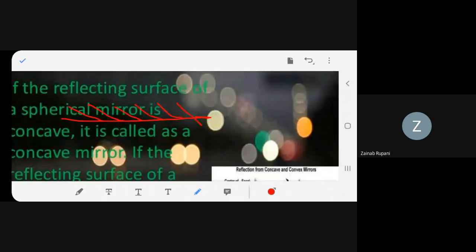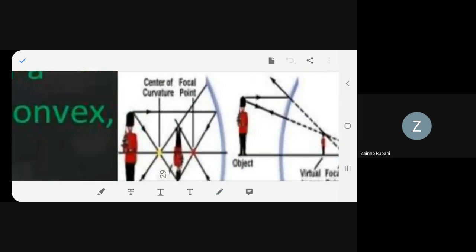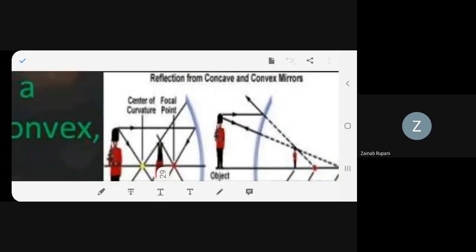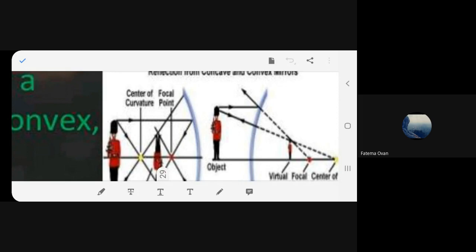Now we are going to work on like this and like this. Sometimes it will be like this and sometimes it will be outside. Is it clear? So what are the names of the mirrors? Concave and convex. Now we are going to observe how they look.